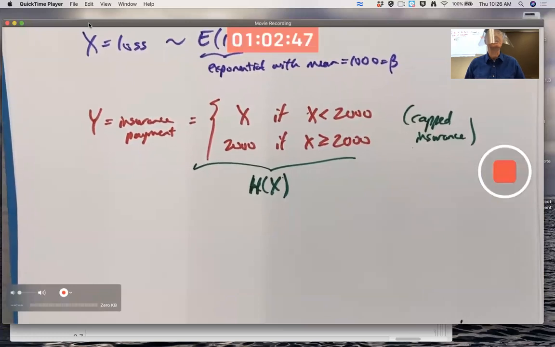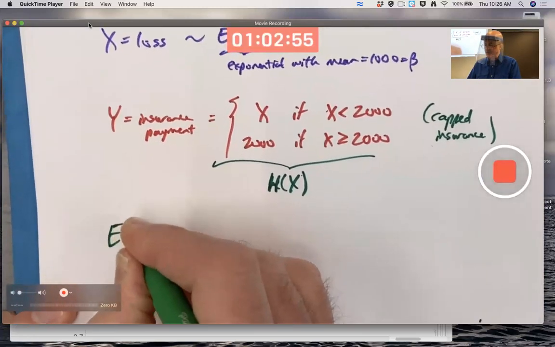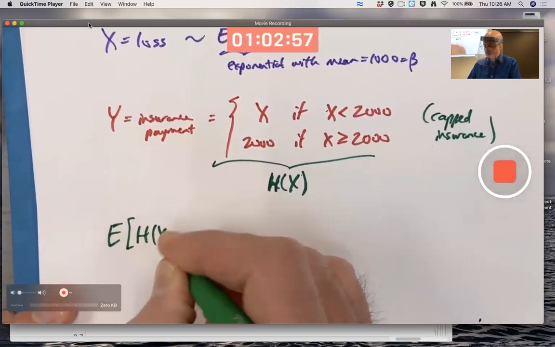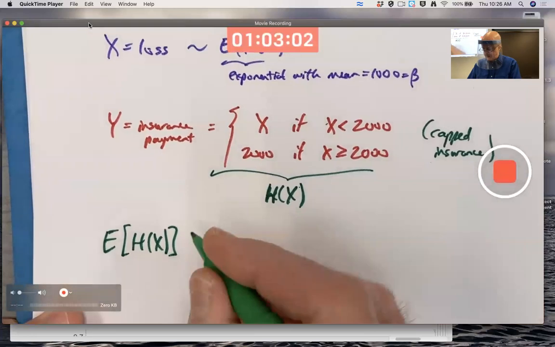Certainly to find the mean of Y, it's actually easier than thinking about the CDF and PDF. You can use the generalized expected value formula for a function of the original random variable.